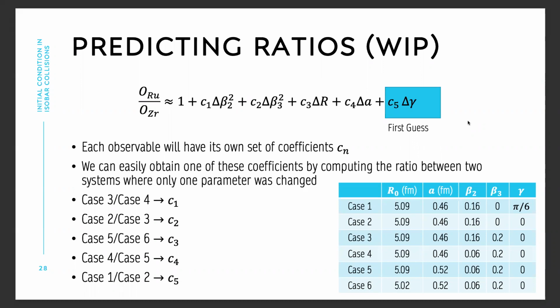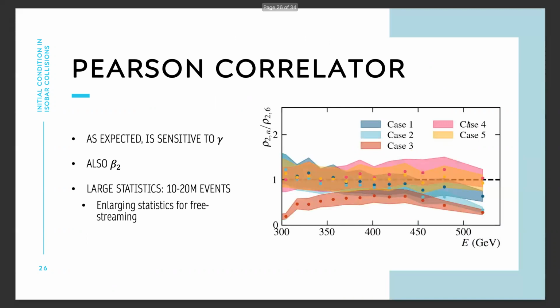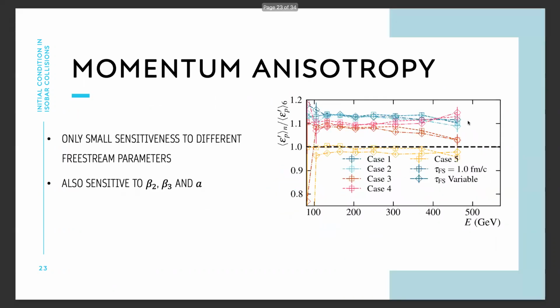Yeah. On slide 23, you said that this free streaming, you do this in zirconium and it's sensitive to beta 3. Do you think this statement will also hold for larger systems?